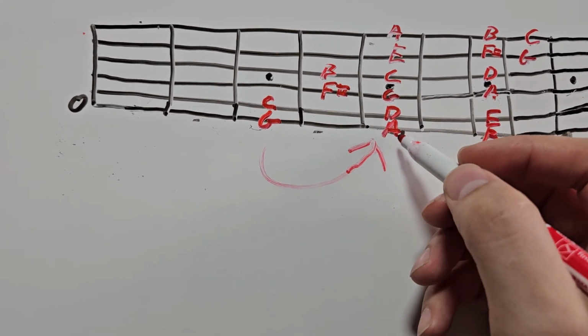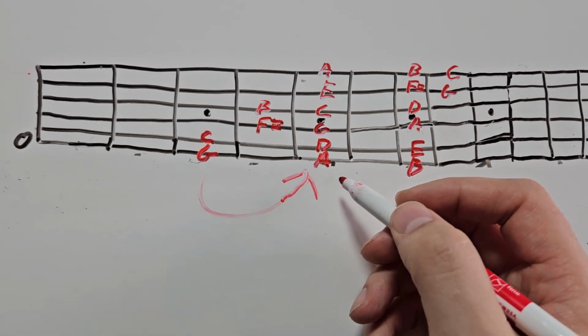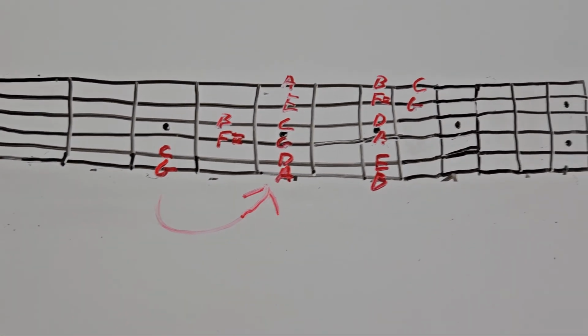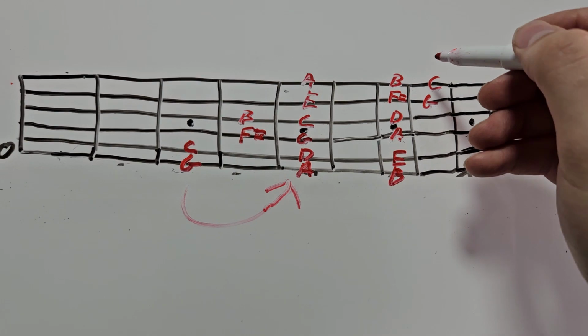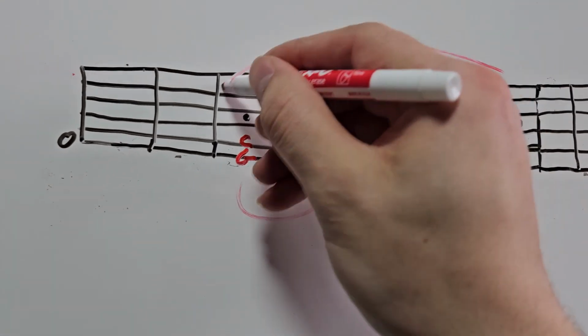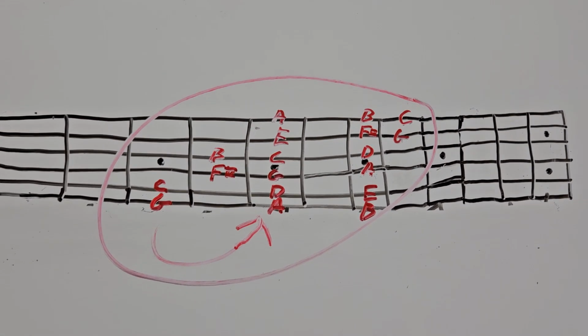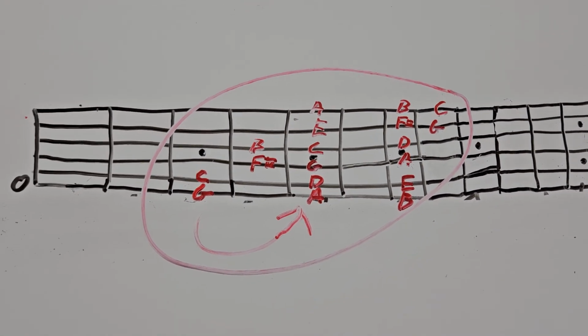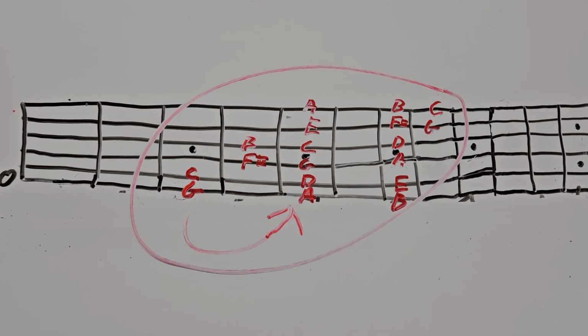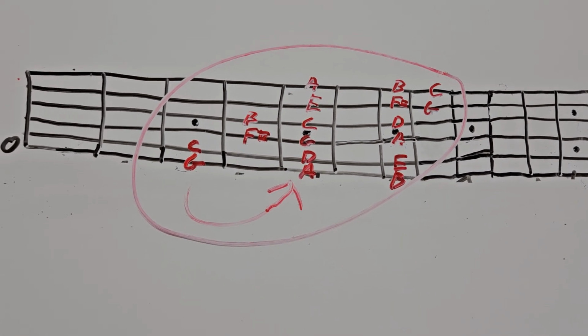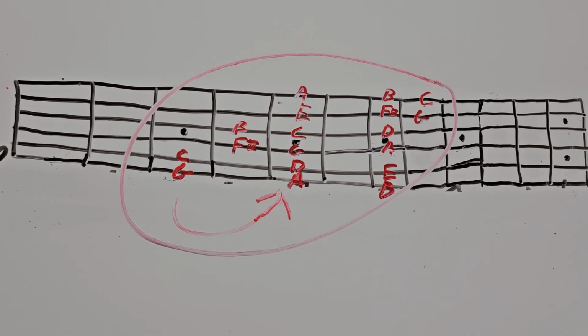And now it's going to be the key of A major. But you only had to memorize this pattern. You see what I'm saying? You can shift this thing around as needed for whatever situation you're in and literally just transfer it.